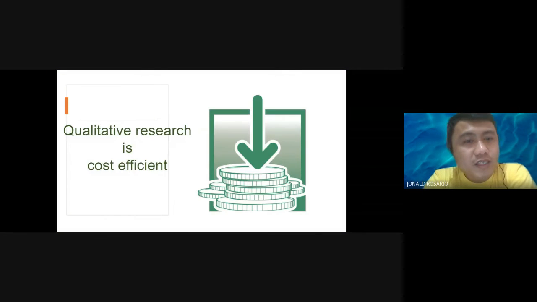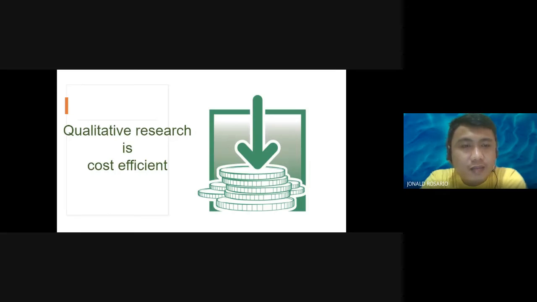Why cost-efficient? Because in qualitative research, we only need a small number of participants. So, kaunti lang po ang participants na kailangan natin in the conduct of our study. Since kaunti lang, less resources will be needed to accomplish the study.